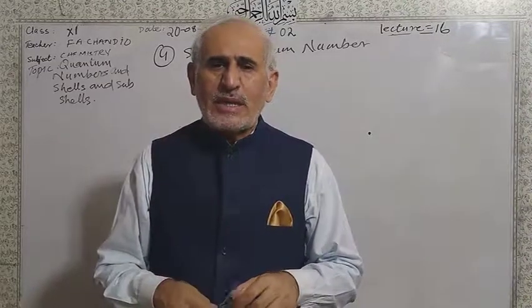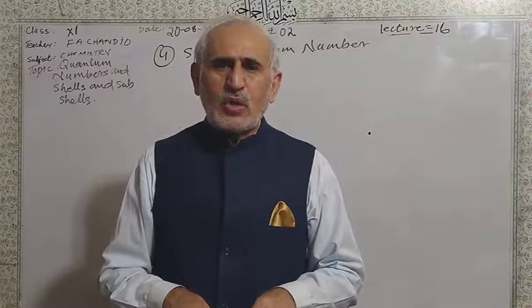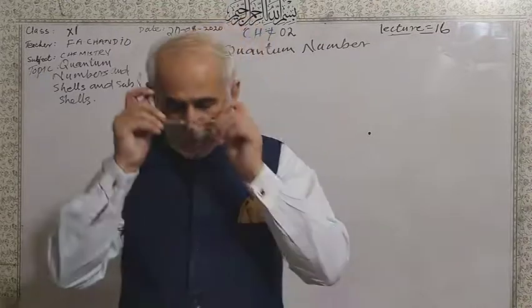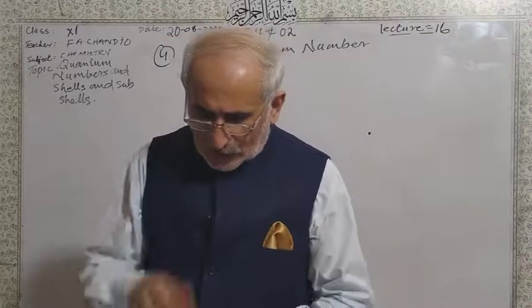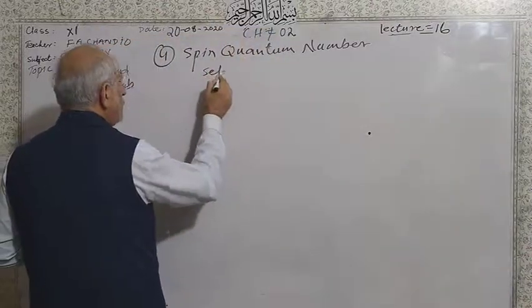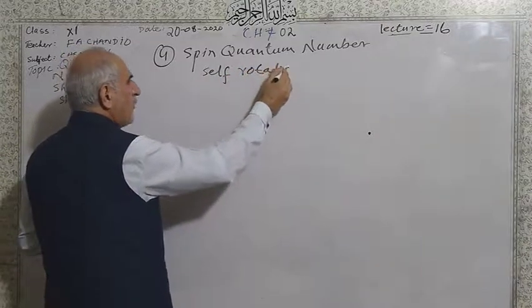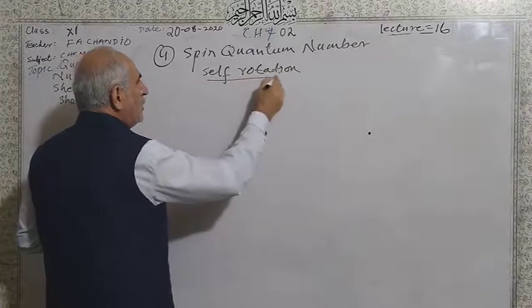We call it self-rotation about its own axis. It means self-rotation of the electron.